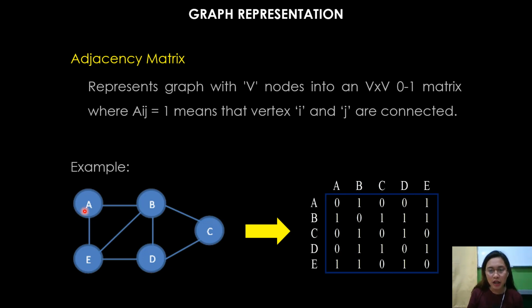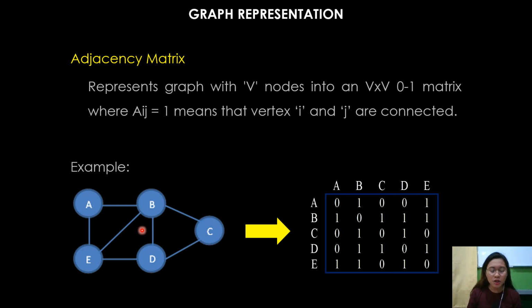For example, A to B is equivalent to 1. It means that A and B have a connection. While A to D is equivalent to 0, which means that A and D have no connection. As you see here, the adjacency matrix corresponds to the connections of vertices in our undirected graph.